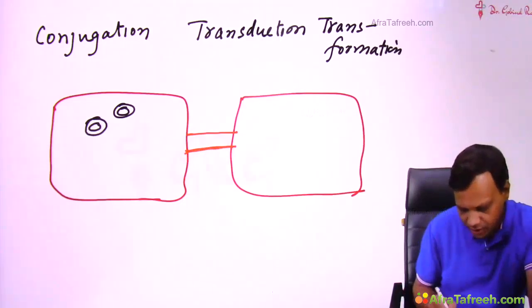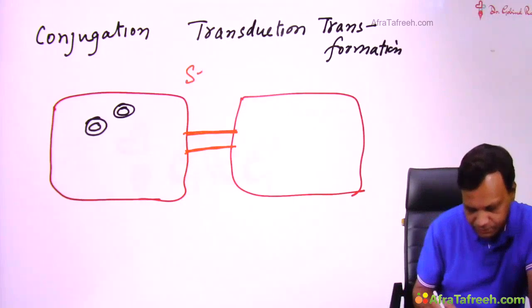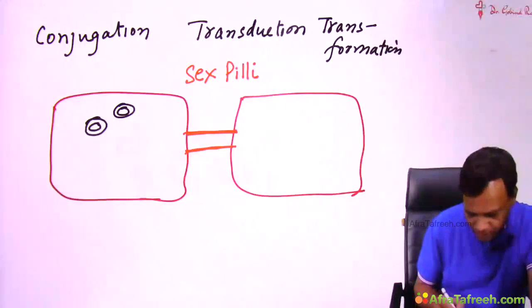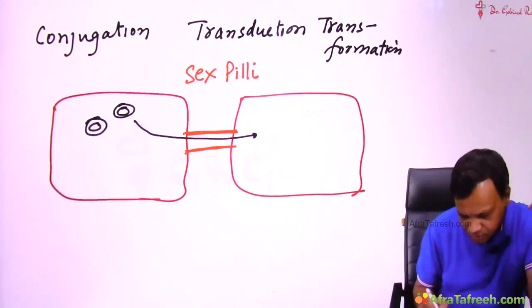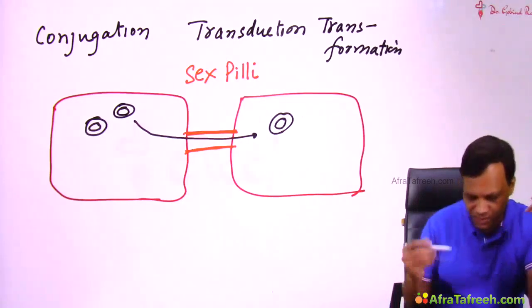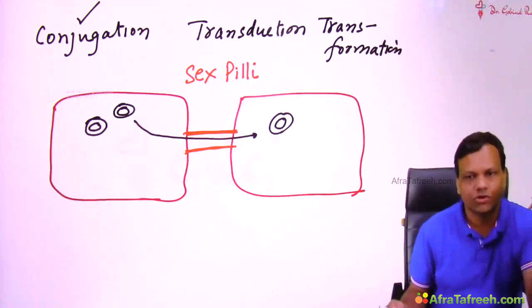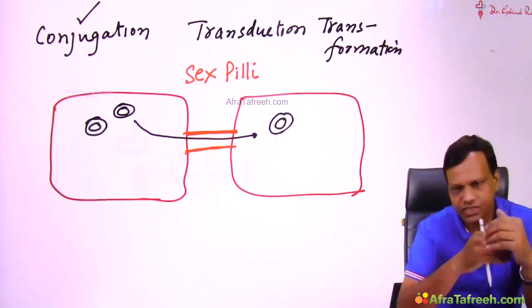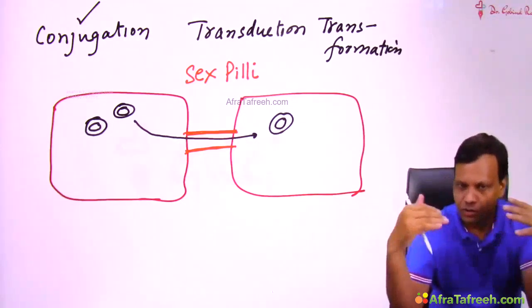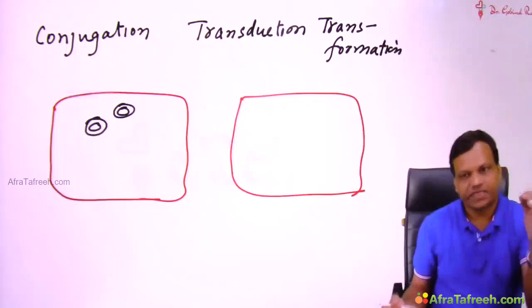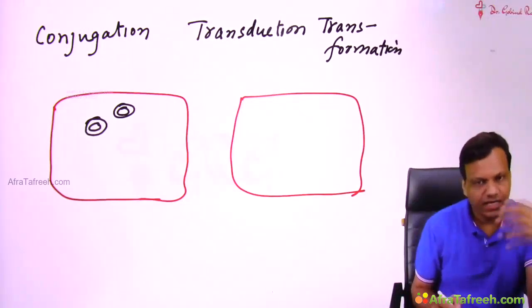This physical contact is known as sex pili. Through this physical contact, the resistance gene is transferred into the second bacteria, so the second bacteria also becomes resistant. This method is known as conjugation. Conjugation is with the help of sex pili. One bacteria transfers the resistance to another bacteria through actual physical contact.